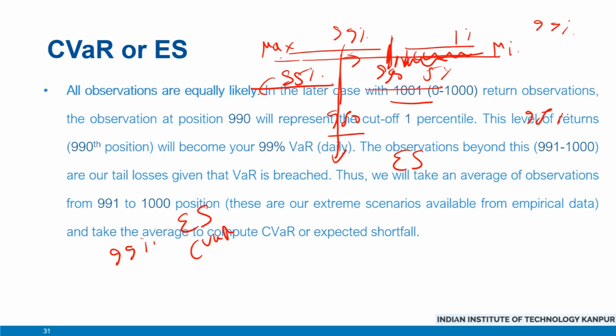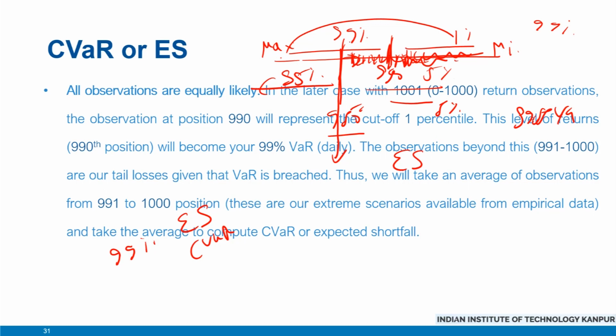Similarly, think of 95% VaR. So this is the 95% cutoff. Then you look at all the values on the right side of it. Because we have ranked them from max to minimum, all the values on the right side of this 950th would be part of those 5% extreme loss observations. That is the scenario where maximum loss is materialized.